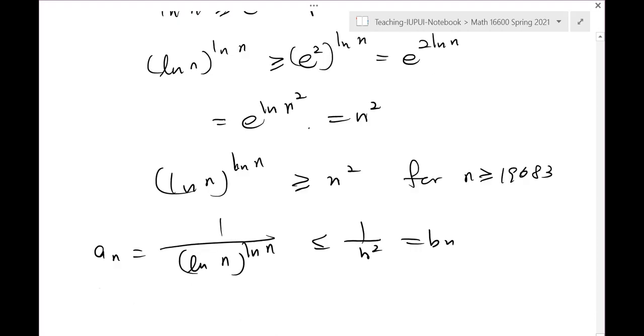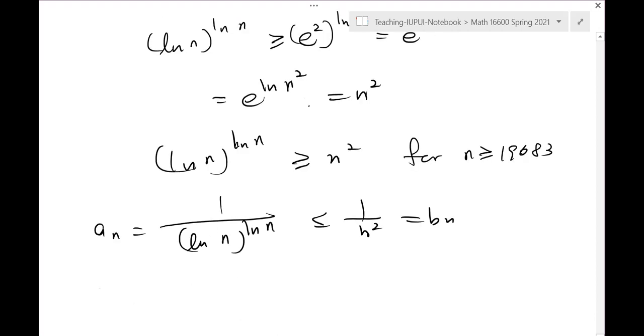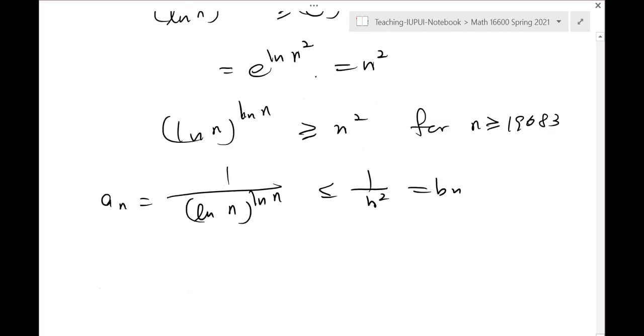And that's my Bn. So I find the Bn I can compare. This is a convergent series. Since n starts from some capital N, this Bn is convergent by the P series test.